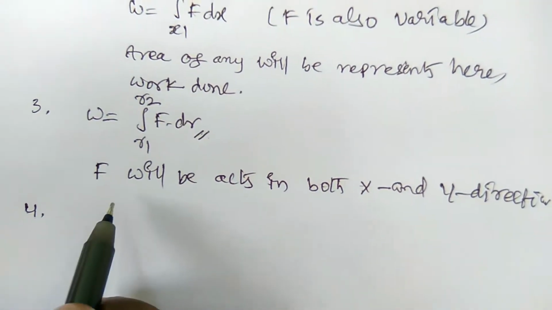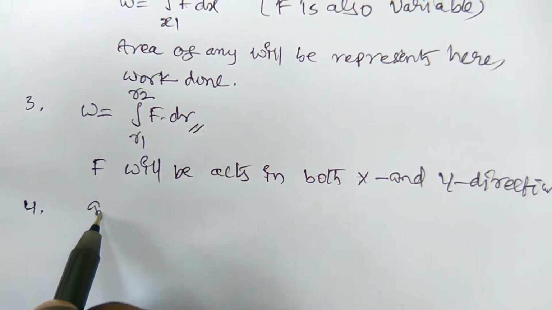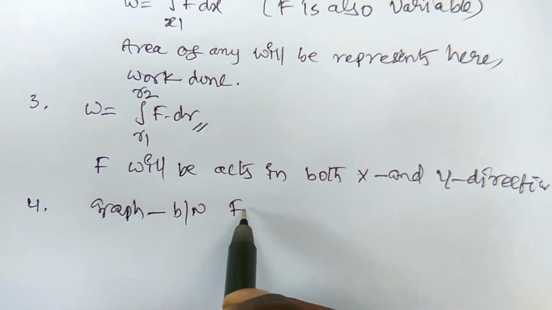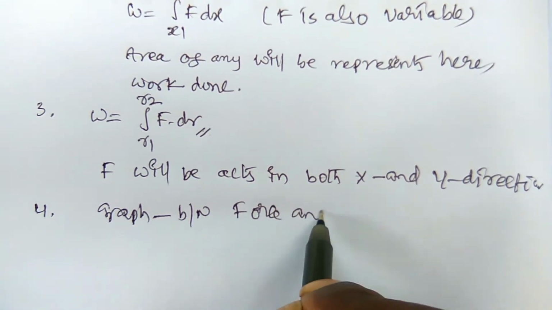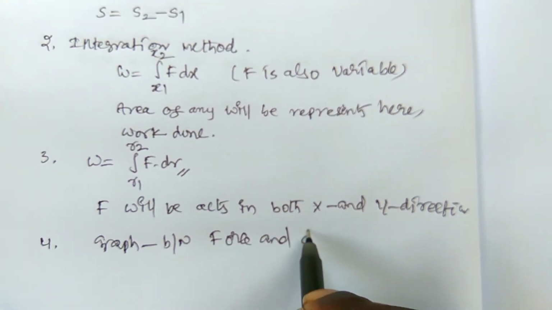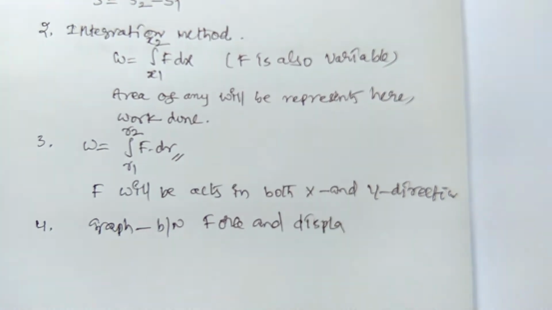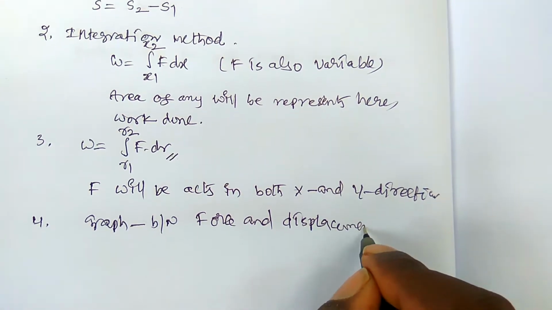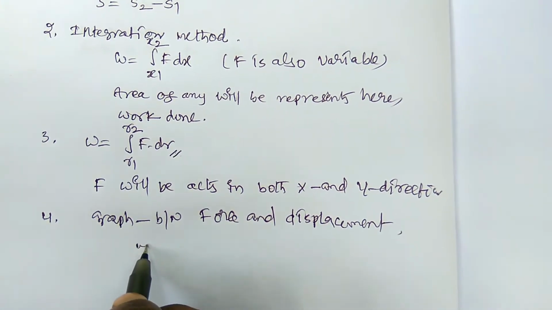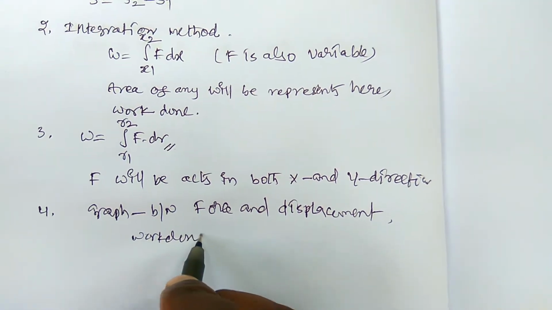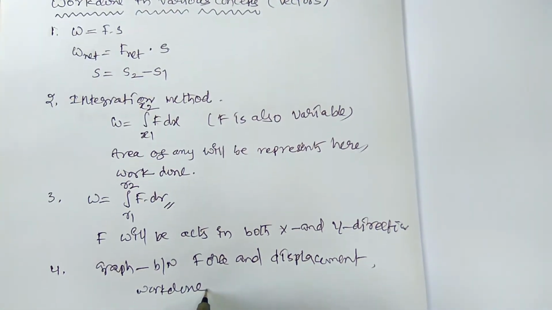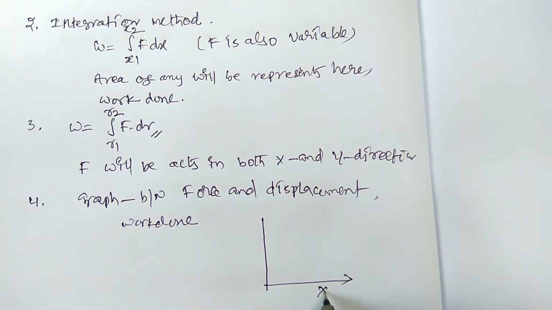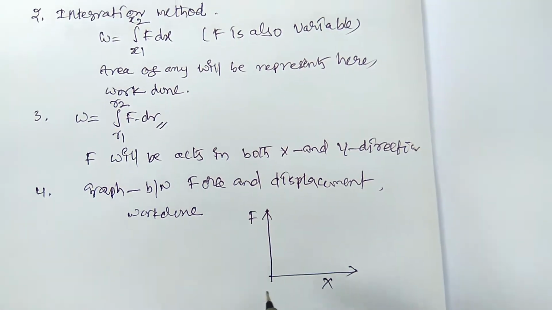And, as we already told, by the graphical method, a graph between force and displacement gives us the work done. So these are the formulas in the vector components. Here this is the displacement of the body and this is the force acting on the body.